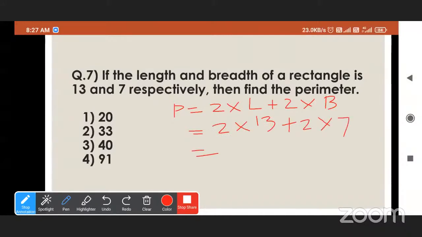13 twos are 26, 7 twos are 14. 26 plus 14 is 40. So which one is the correct option? 3. Very good.